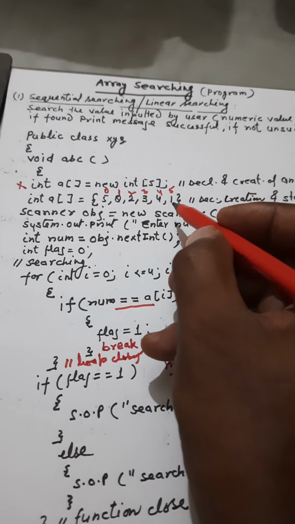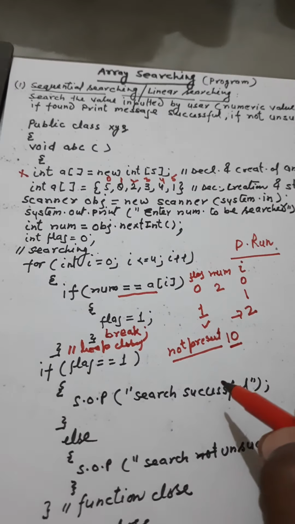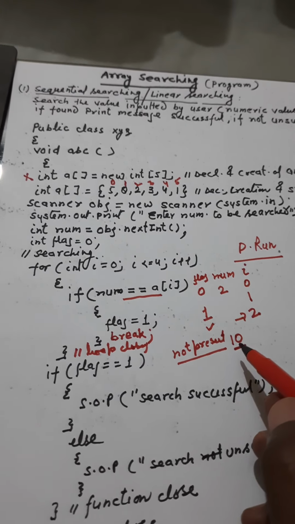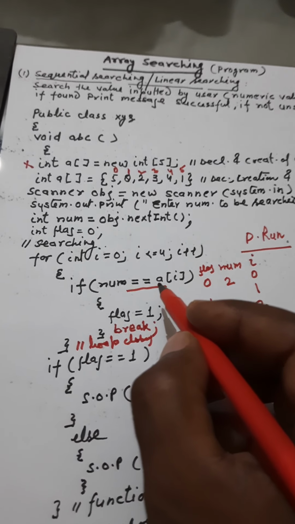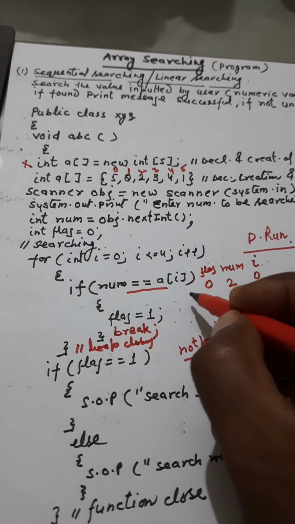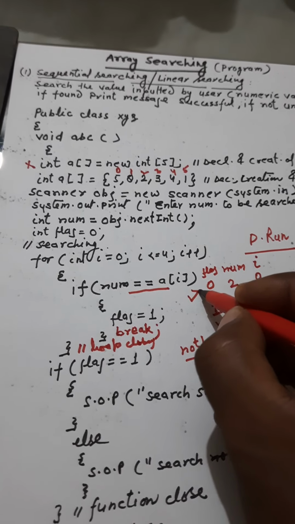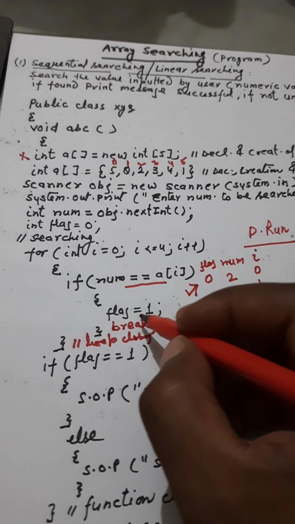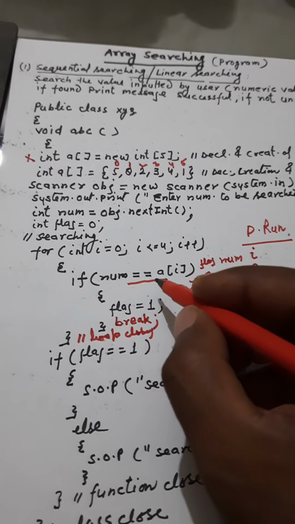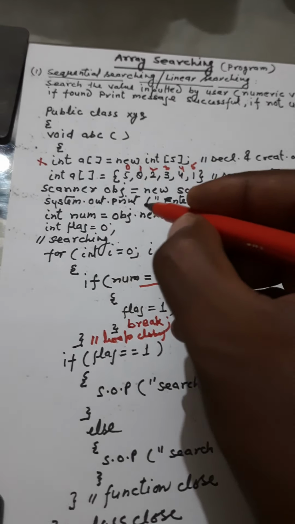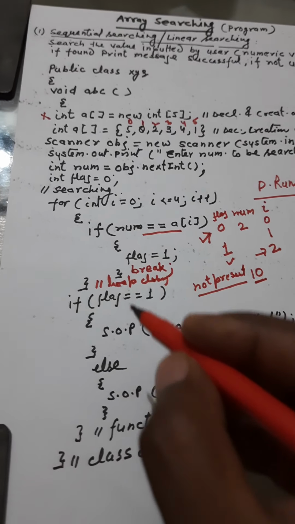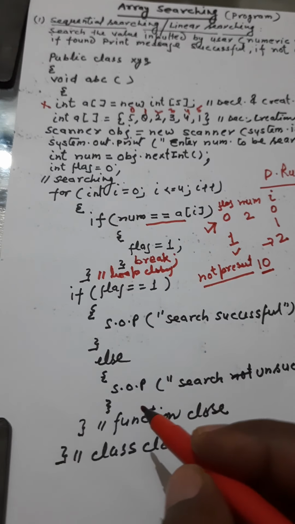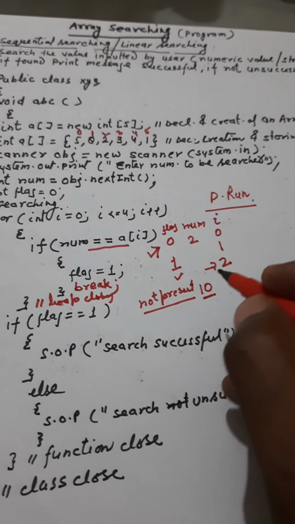No. Num is equal to this? No. Because 10 is not there. Num is 10. So in this case, this condition will never be satisfied and the flag will always remain 0, because flag becomes 1 only if we find the value in the array. So when we come out from the loop, is flag equal to 1? No. SOP search not successful.